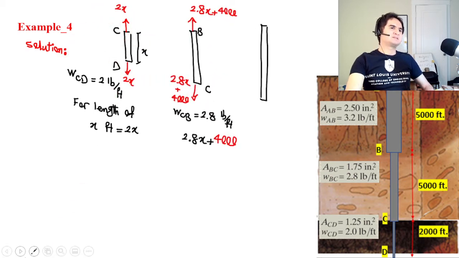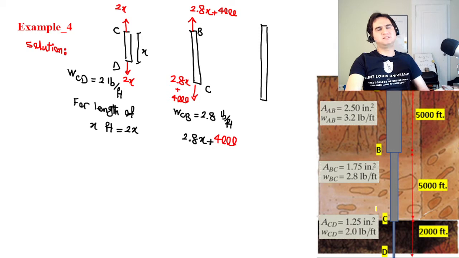Likewise, with the same logic for shaft BC, we have 2.8 pounds per foot.